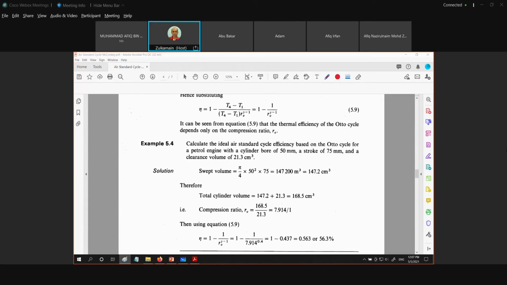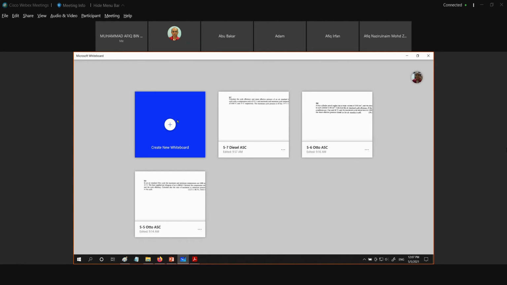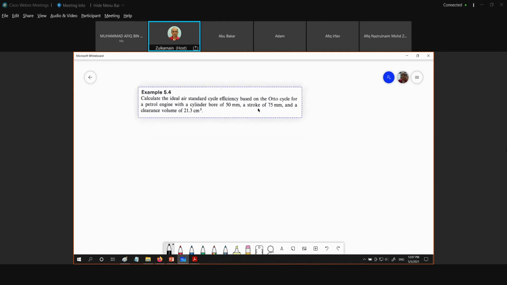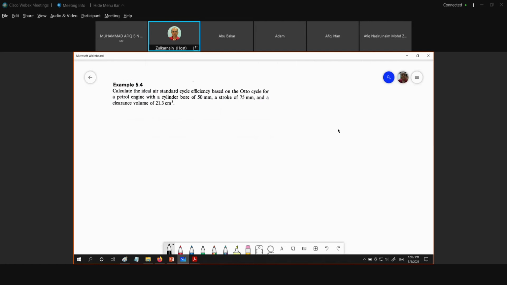And I don't know whether I put this textbook in my page or not. So let us do a very simple example to understand the usage of this compression ratio to get the thermal efficiency for this air standard cycle.